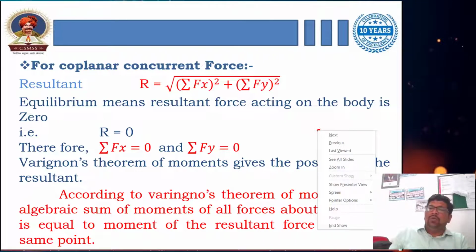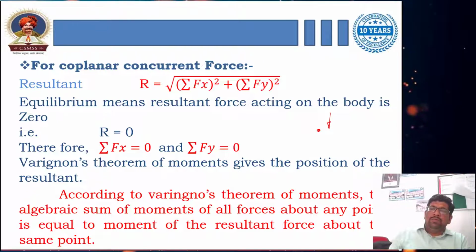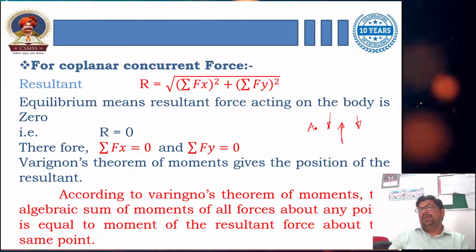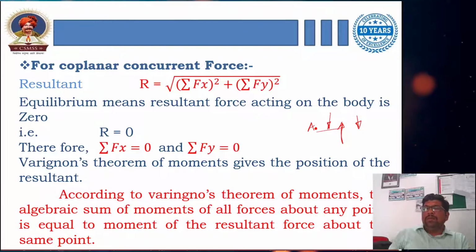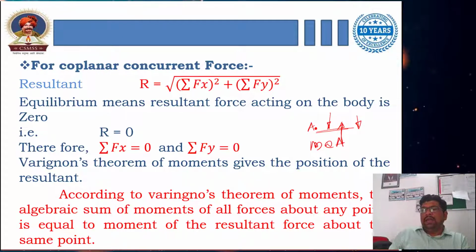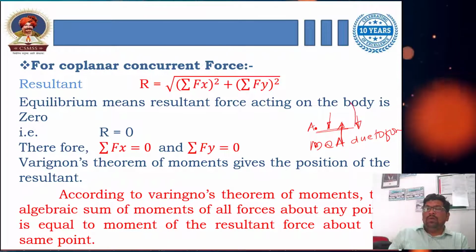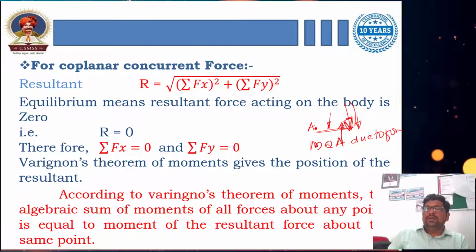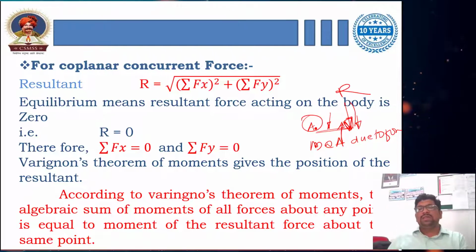Suppose I wanted to find the moment at this particular location, and these three forces are acting, for example, about this particular point A. So whatever may be the algebraic sum of the moments of all these forces about point A, that will always be equal to the moment created by the resultant about this point A. So this we have seen in the previous lectures or the previous chapter also.